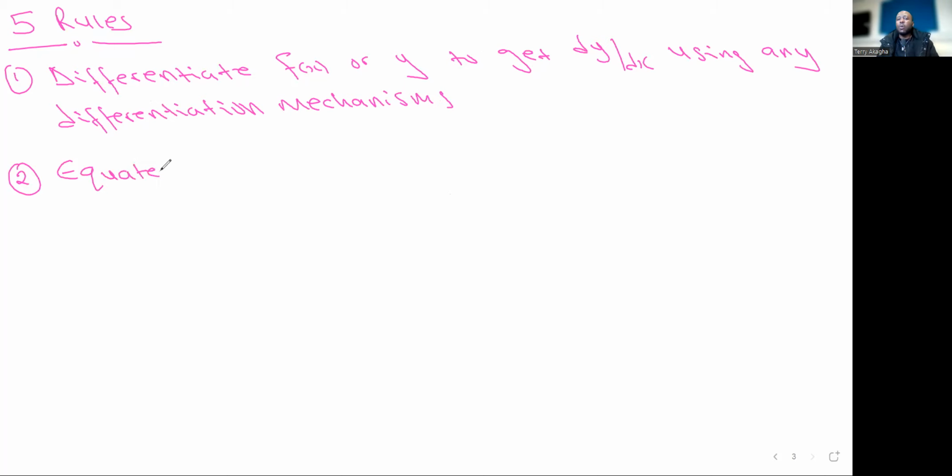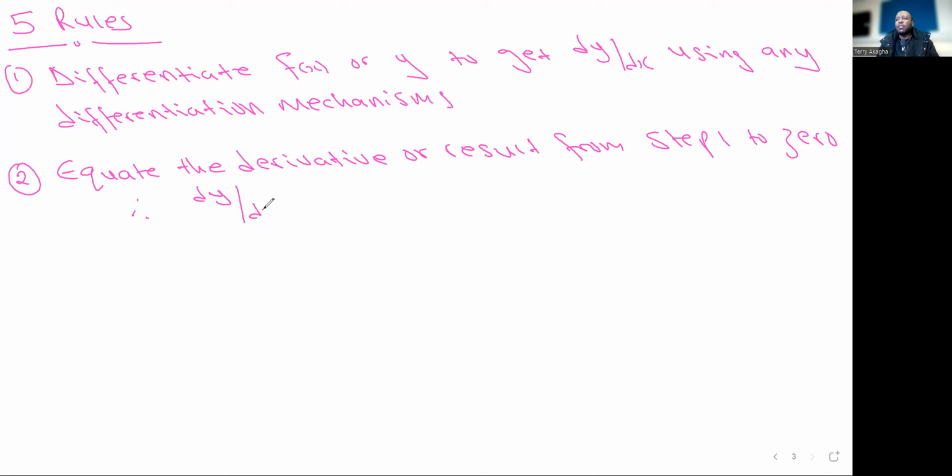So dy over dx is going to be equal to what? 0. So the answer you get from step 1, you equate it to 0.